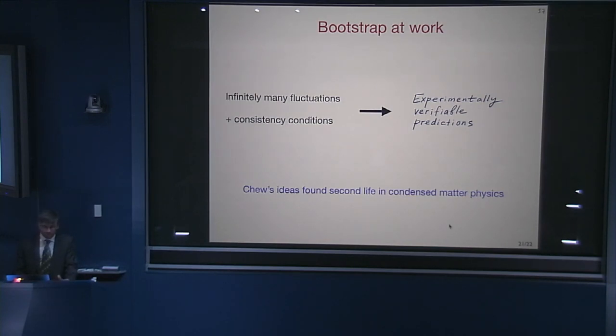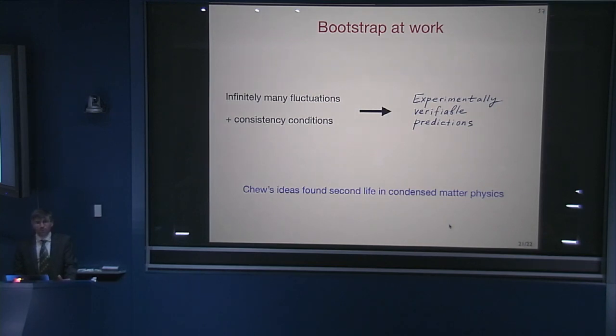We have infinitely many fluctuations, we impose consistency conditions, and we make experimentally verifiable predictions. It's nice that these ideas of Geoffrey Chew, who unfortunately died a couple of years ago, found a second life in condensed matter physics, even though they didn't work in particle physics.